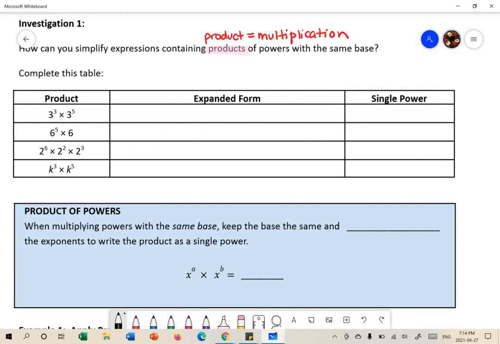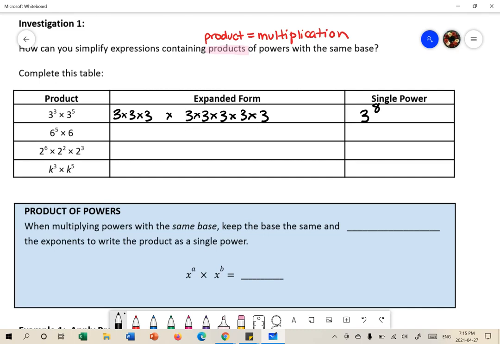So 3 to the power of 3. We can expand that to 3 times 3 times 3. Now we're multiplying that by 3 raised to 5, 3 times itself 5 times. So really, as a single power, the base is 3, and we're multiplying itself 1, 2, 3, 4, 5, 6, 7, 8 times. 3 raised to 8.